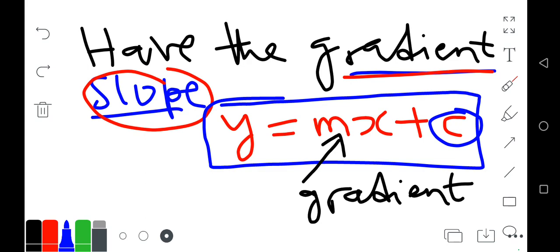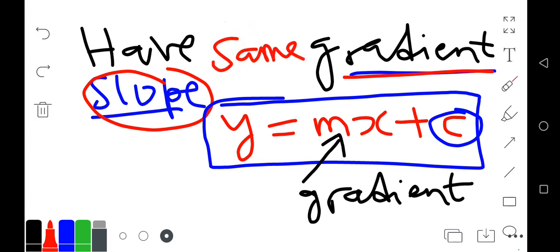But the key point is that parallel lines have the same gradient.